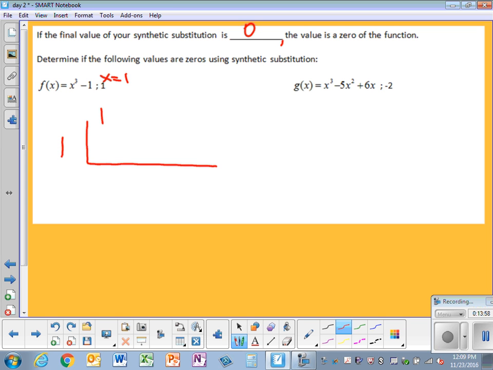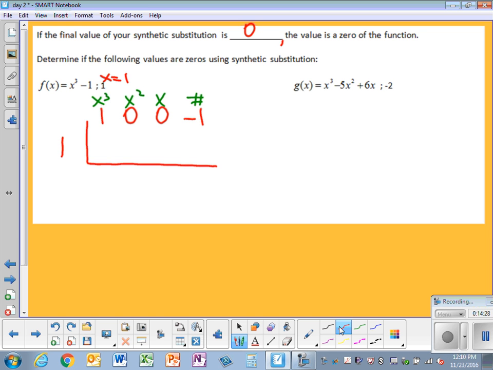What is my second coefficient? 0. What is my third coefficient? 0. And the final? -1. Remember, the largest exponent is 3, so the first coefficient is for x to the power of 3, the second for x to the power of 2, next for x, and the last one is for the number. So make sure you count for every one of them.